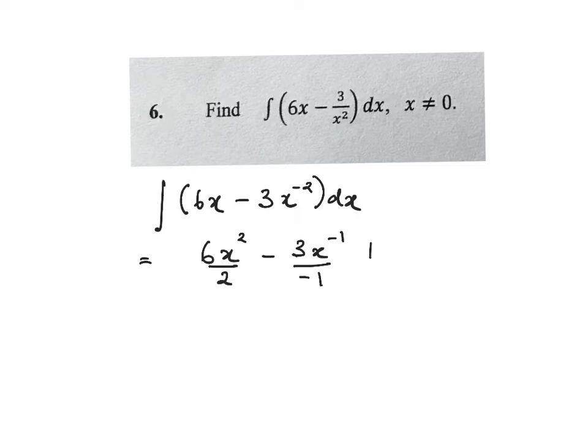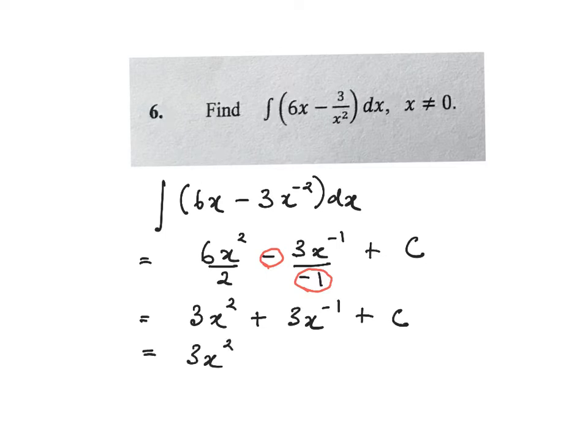It's an indefinite integral, so we must include the constant of integration c. Now we need to simplify. So 3x squared. In this term, these negatives cancel to give me a plus. We don't need to write this line, but you might want to bring the x term back down, and this is what we get.